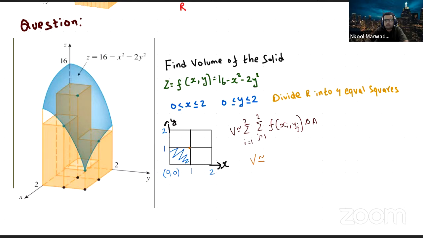F of 1 comma 1 into delta A. Delta A will be the same for all. Delta A is 1. Now I am writing the formula, but I know its value. Then 2 comma 1, then 1 comma 2, then 2 comma 2.